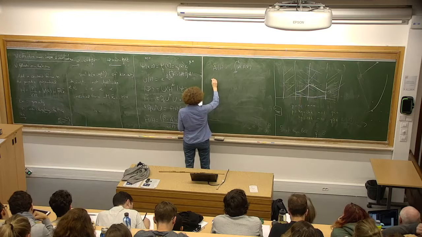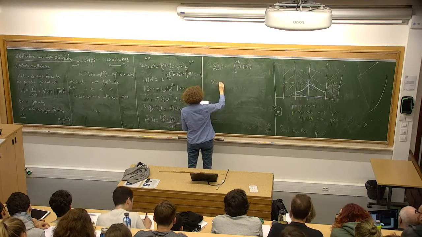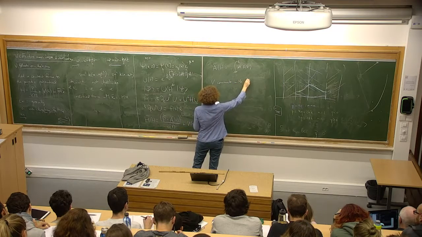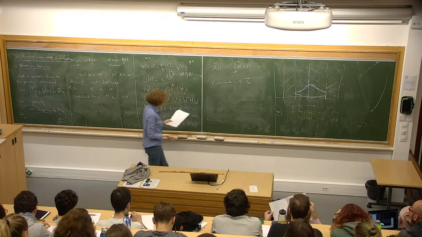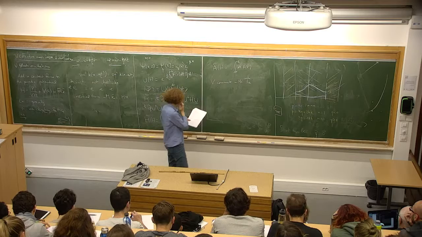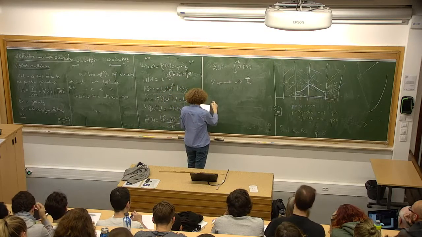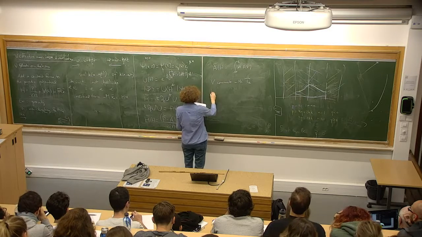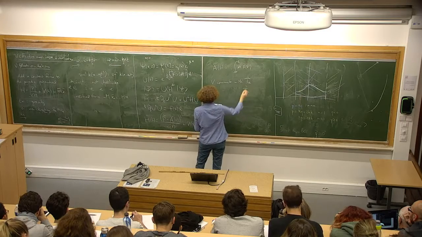So V commutes with the TA, so we are in 1D, so it's TA. And P also, of course, commutes with TA. And in fact, H commutes also with TA at any time.